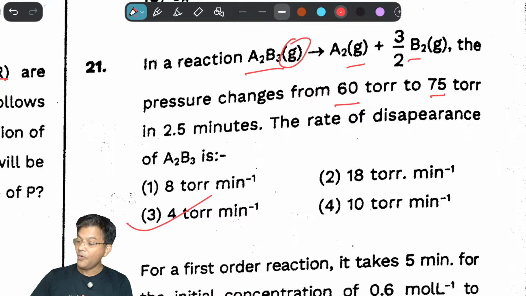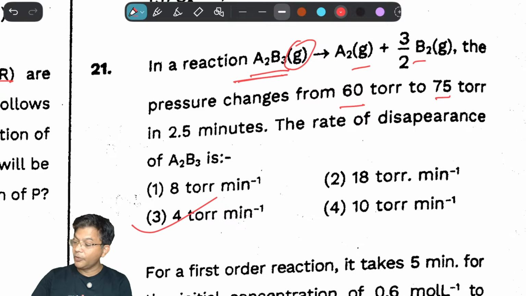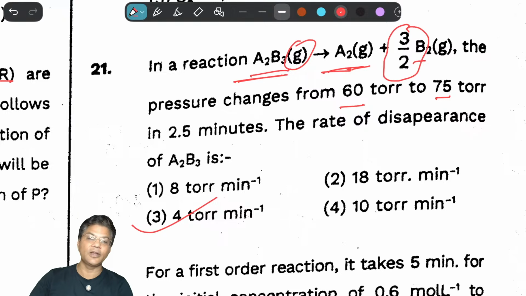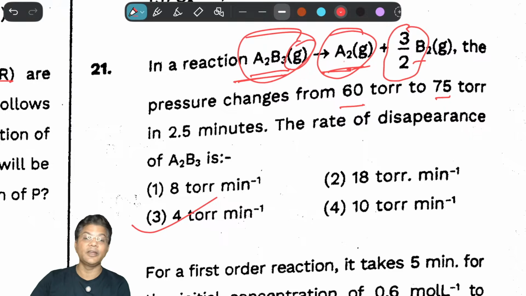Now see, when 1 mole is getting decomposed, 1 mole is getting formed and an extra 1.5 mole is getting formed. Just see, orally I am telling you, theoretically you can do it. When 1 mole of this is getting decomposed, in turn 1 is getting formed, so they are equal. Only an extra 1.5 mole of B2 is getting formed. And they are saying the pressure changes from 60 to 75 in 2.5 minutes.